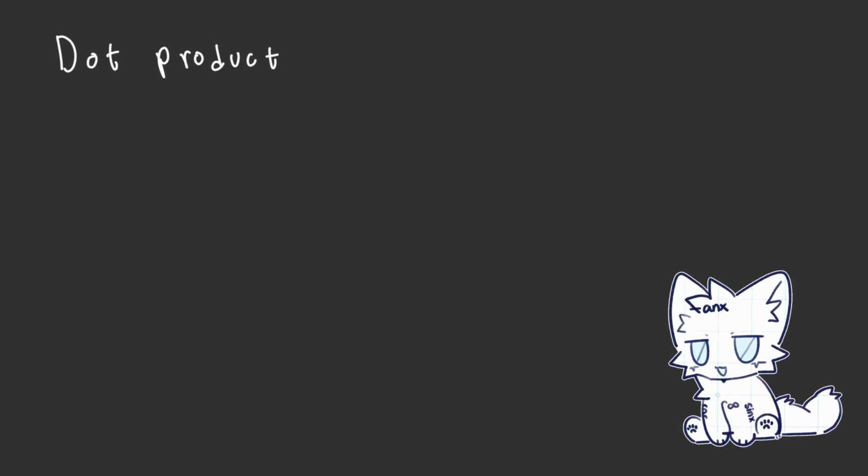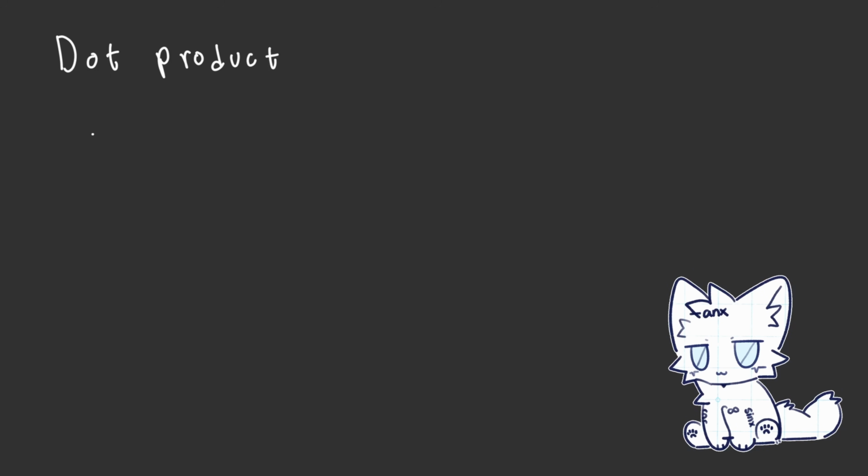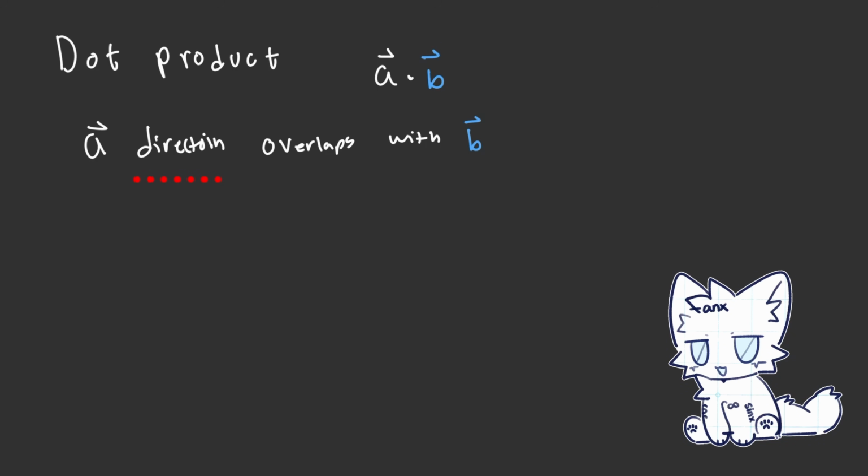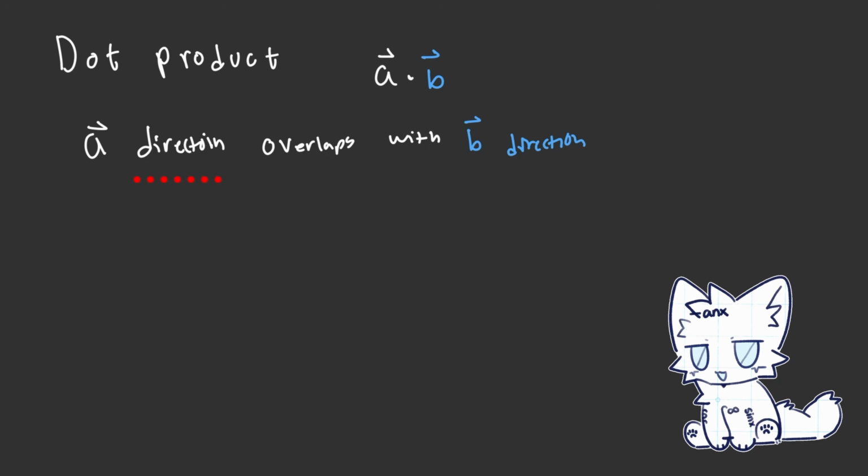Basically, it measures how much of vector A's direction overlaps with vector B. So let's write out a dot product right here. It's how much of A's direction overlaps with the direction of B, and it outputs a scalar, and vice versa.